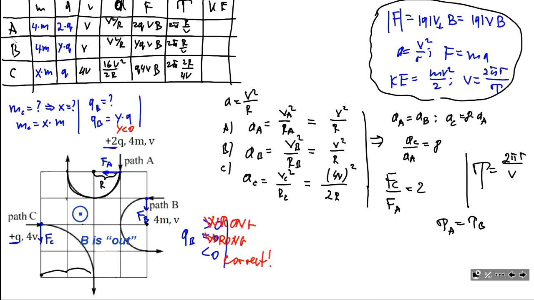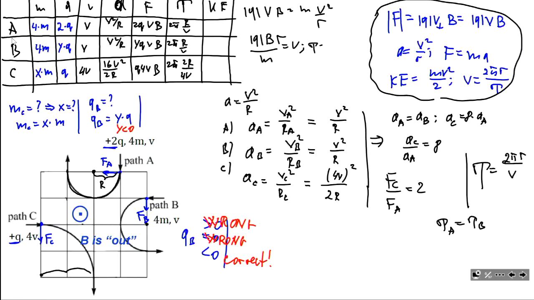That's why I have to use lowercase r for that. Now I can start again. Q V B should be equal to M V squared over r. So Q B r over M is equal to speed.